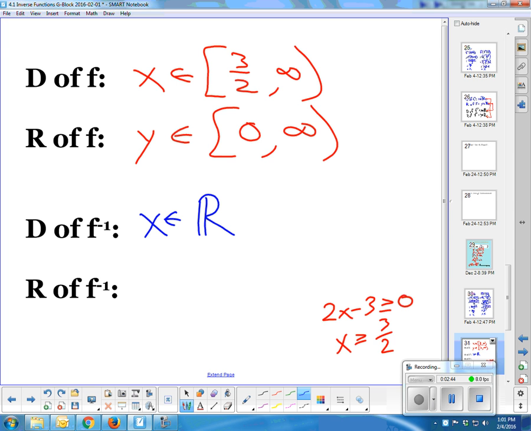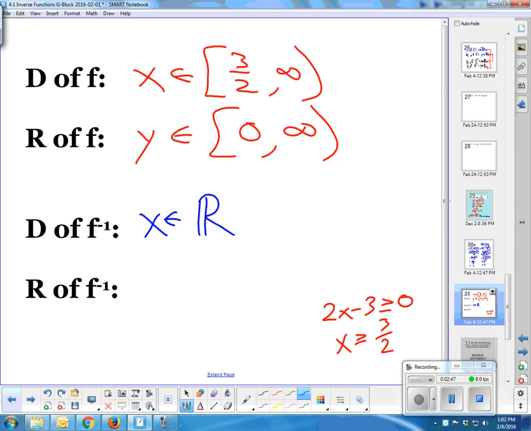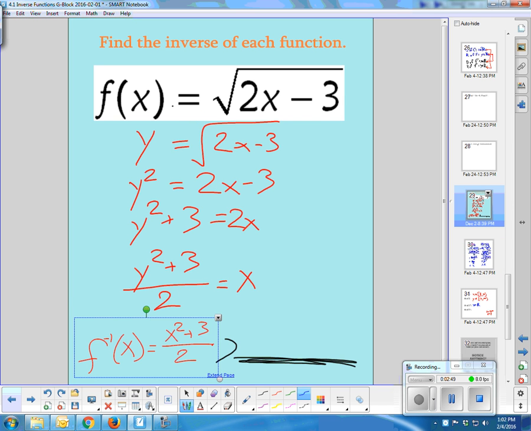Now, in class, Adam had said that he had rewritten his as 1/2 x squared plus 3/2. And doing that might help us recognize the transformations, that this is a quadratic function with a vertical shrink by a factor of half and shifted up 3/2 unit.